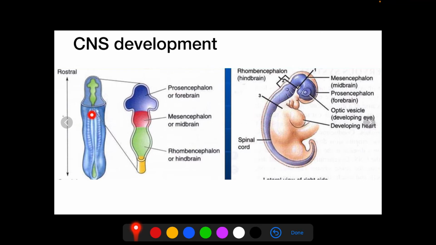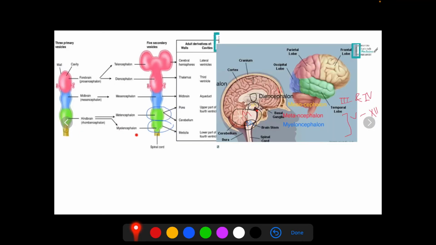Regarding the brain, at the beginning there will be 3 parts: prosencephalon, forebrain; mesencephalon, midbrain; and rhombencephalon, hindbrain. Then the forebrain, prosencephalon, will become telencephalon and diencephalon. Mesencephalon remains as it is. The hindbrain will be 2 parts: metencephalon and myelencephalon.